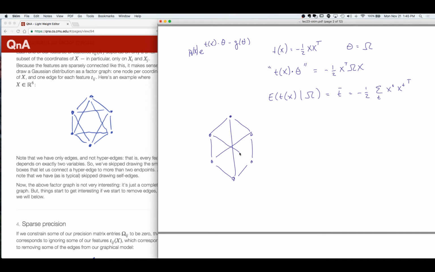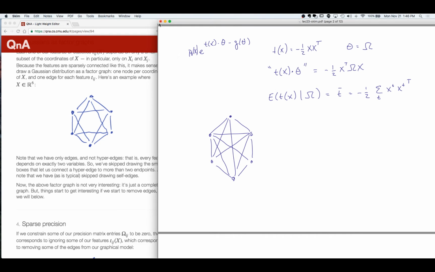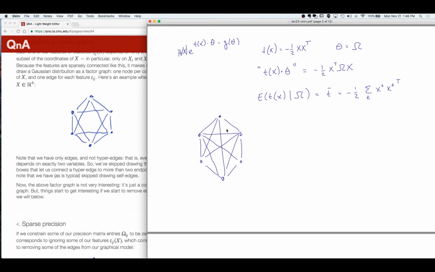So that's going to have all of those edges as well as... There.